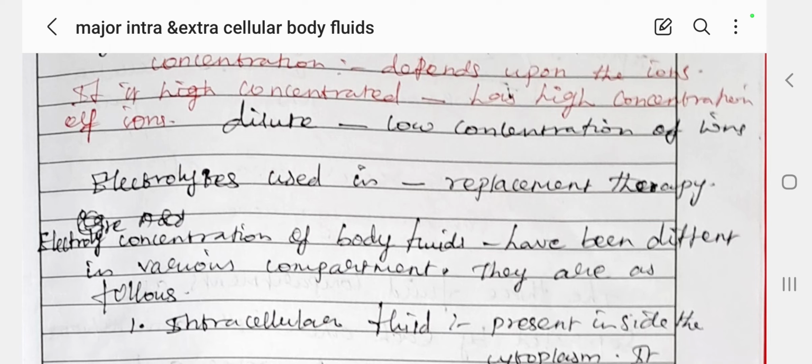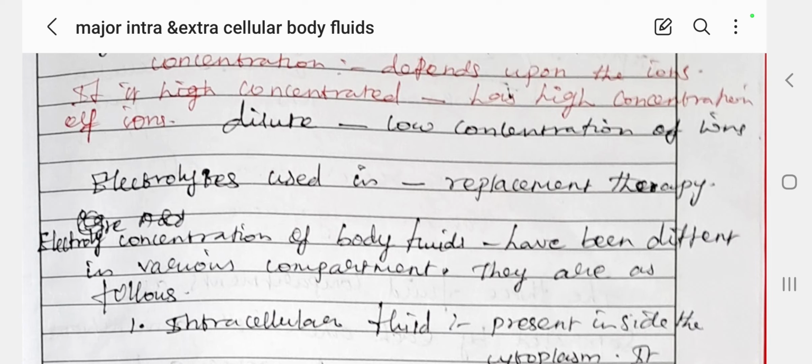A normal healthy person can maintain the concentration of electrolyte ions. But a person suffering some health issues couldn't balance the osmotic pressure or maintain the concentration of electrolyte ions. At that time the person needs this type of electrolyte replacement therapy.